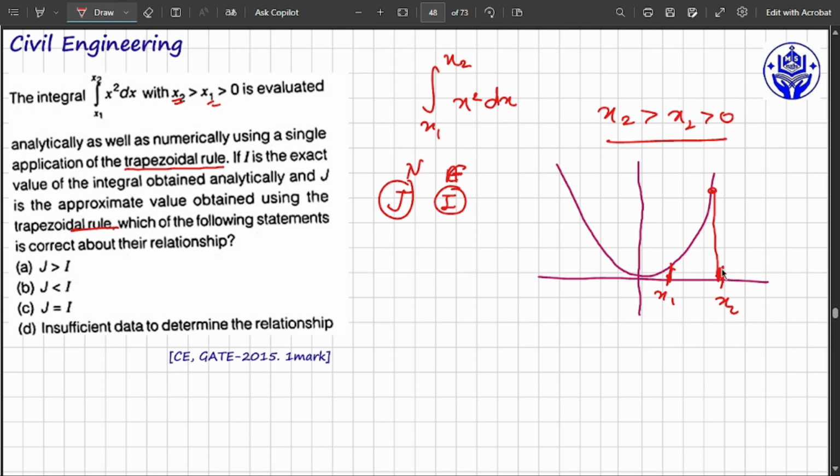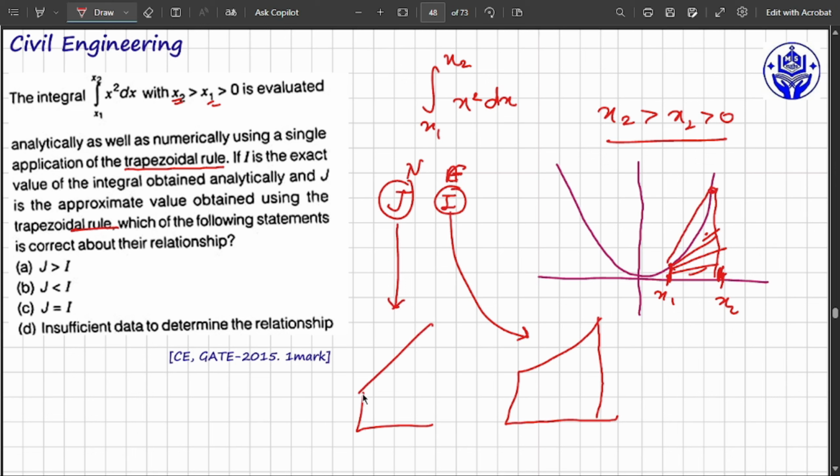Now, analytically, it will get like this, so this will be the area. Analytically, the integration is this one, so the I value refers to this. But the trapezoidal value is nothing but a simple line joining the two points, so it is simply this.